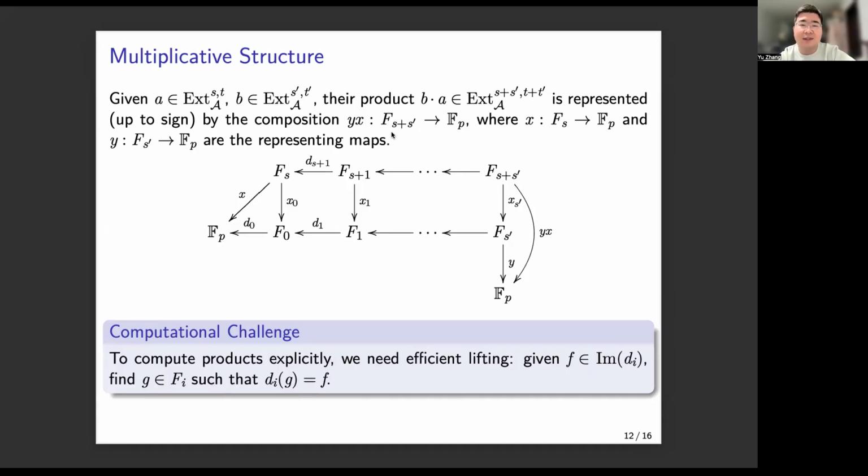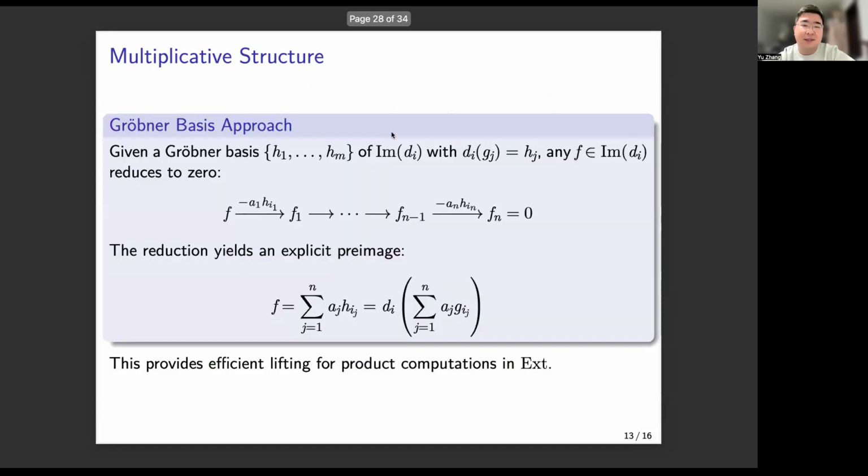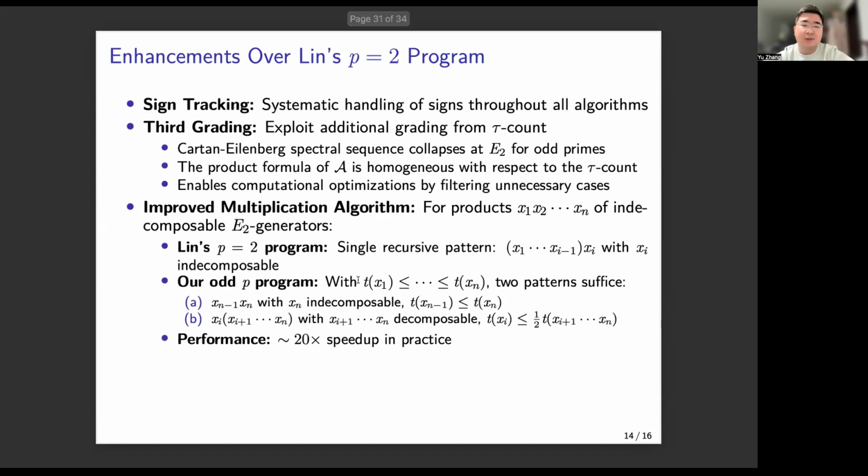And in practice, those most difficult ones take the majority of the time for computations. As a consequence, although we are computing more products, in terms of performance we have obtained a roughly 20 times speedup in practice.